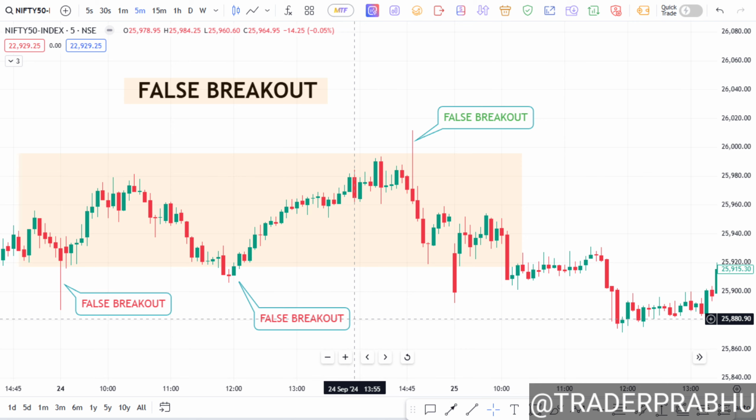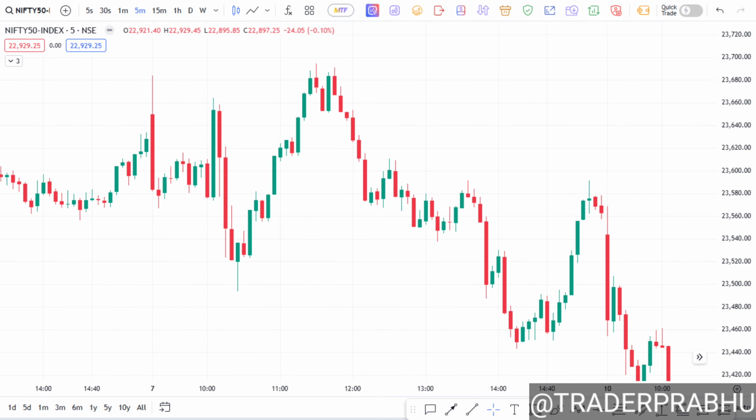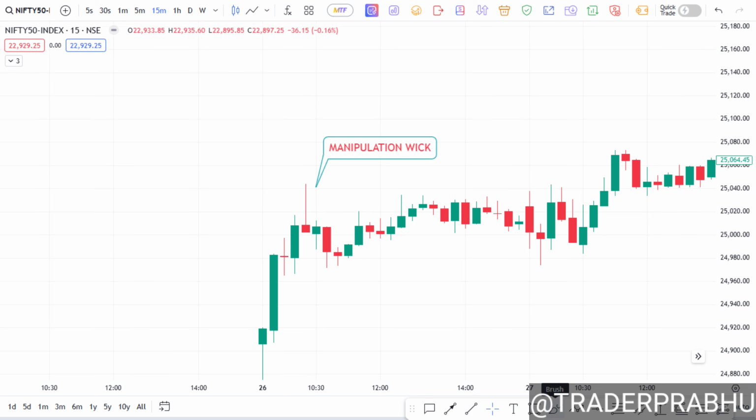And second one is false breakouts. Price breaks a key level, making traders believe the trend has changed. But instead of continuing, it reverses back inside the range, trapping them. And third one is manipulation wicks.